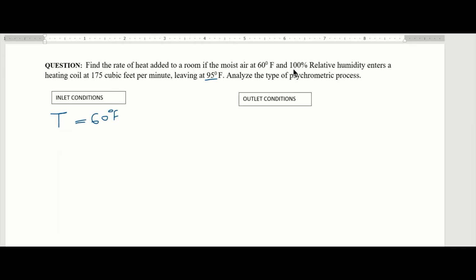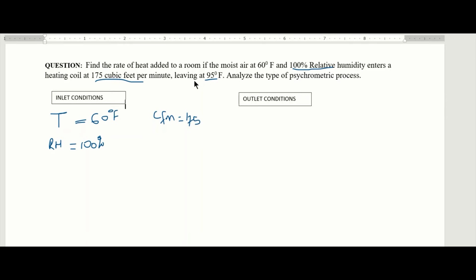We are given 100% relative humidity, so my RH is 100 percent. Now we are given the CFM, which is 175. Remember that we have to use this.